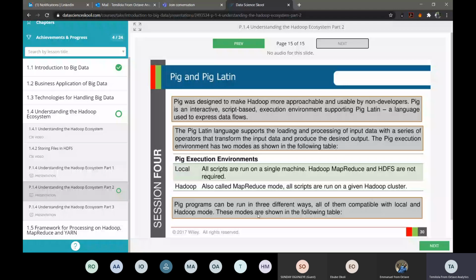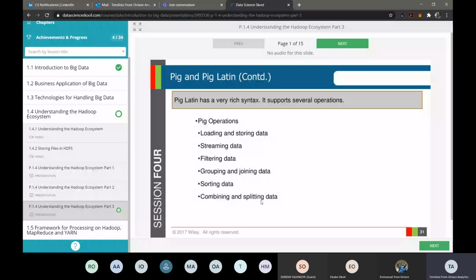If it was created for non-developers, people that don't really have so much interest in coding, then I believe it means that the Pig Latin language or the syntax is very easy to comprehend. So the different Pig operations you have include: you can load and store data, you can stream data, filter data, group and join data, then you can sort data and combine data, then split data.